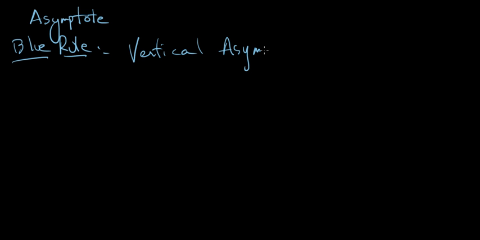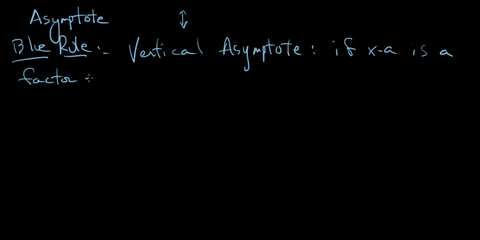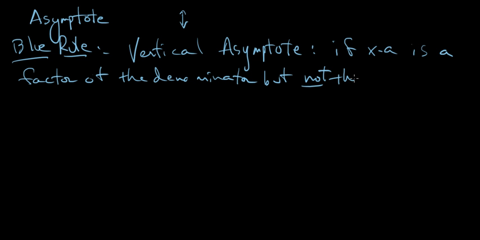Vertical, obviously, means up and down. Vertical asymptote goes like this. If x minus a is a factor of the denominator but not the numerator, then x equals a.